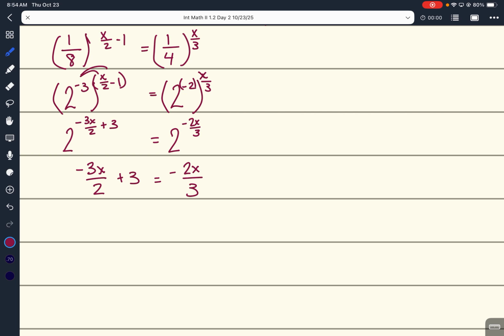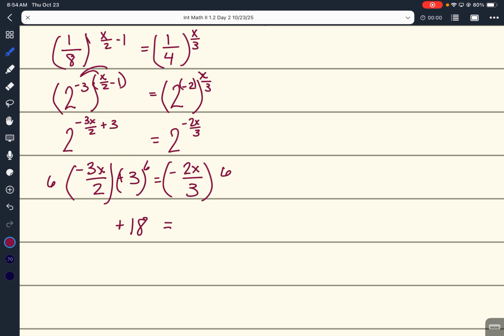What's the smallest number that 2 and 3 both go into? Multiply 2 and 3. 6. Not goes into them, they go into. So I'm going to multiply everything by what? 6. Yep. So 3 times 6 is the easy one, right? 18?